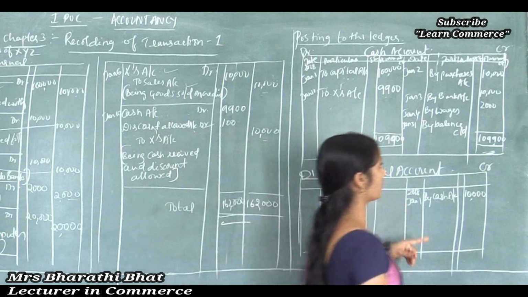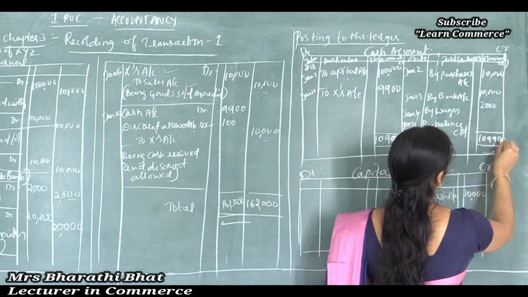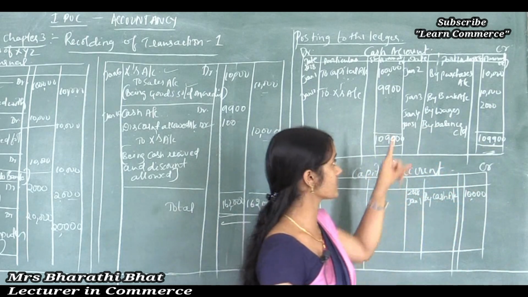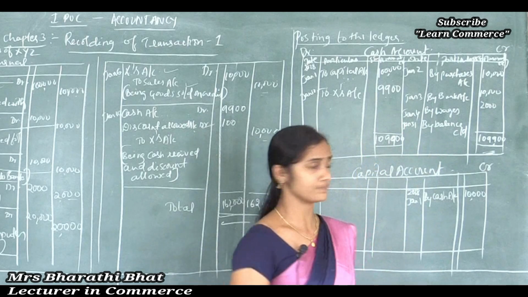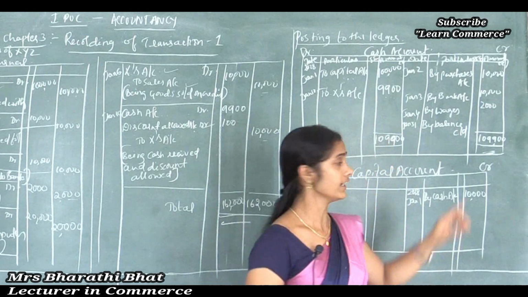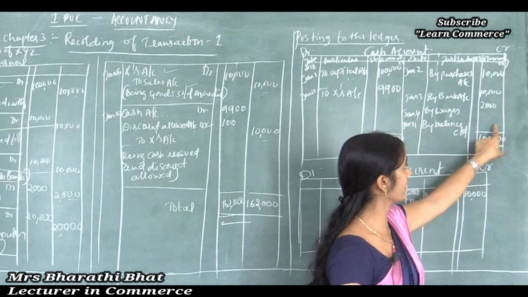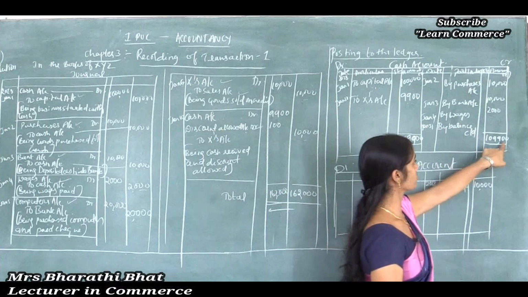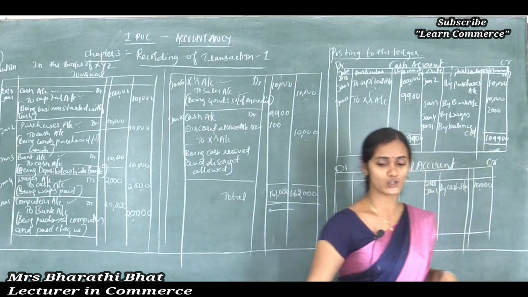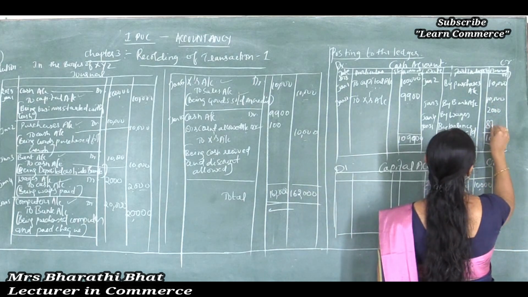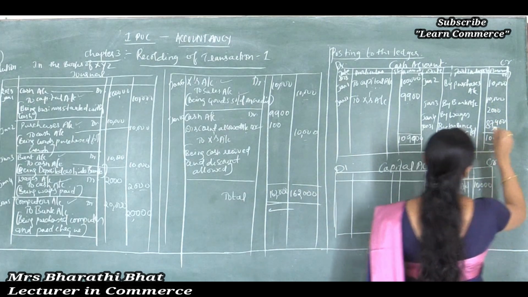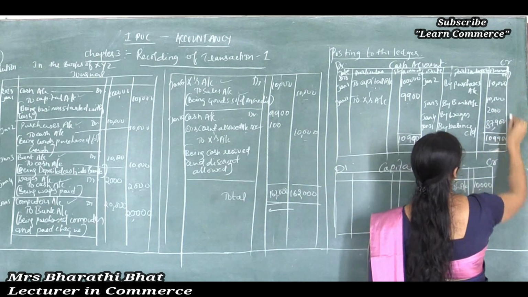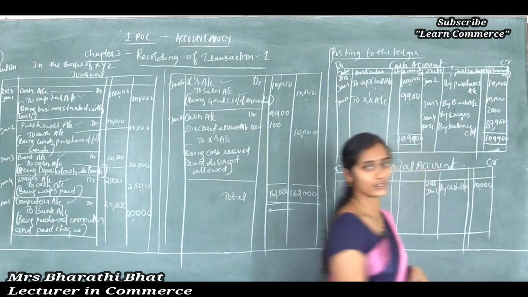So carried down as 1,09,900 minus 22,000, which is 87,900. So by adding this 87,900, this side equals 1,09,900.